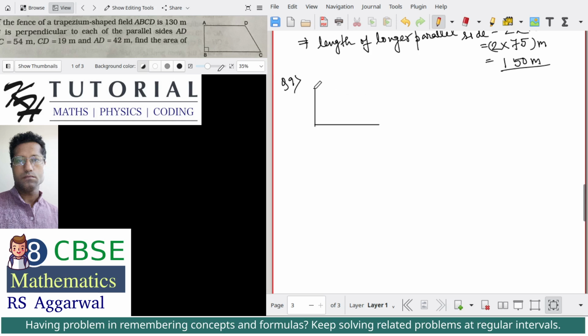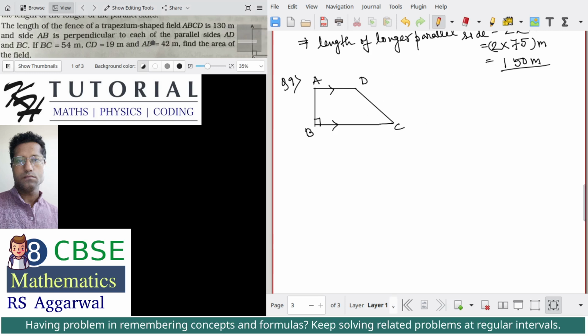It is something like this, a trapezium. A, B, C, D is the trapezium shaped field where AB is perpendicular to BC and AD is parallel to BC.